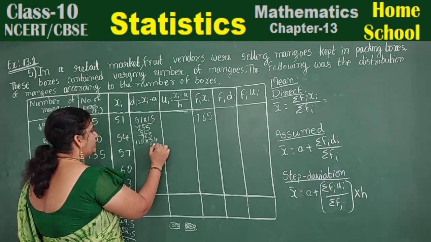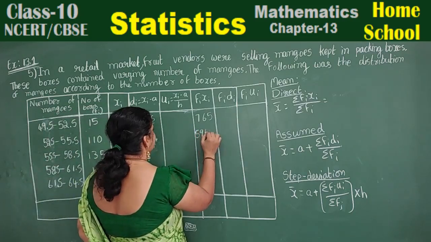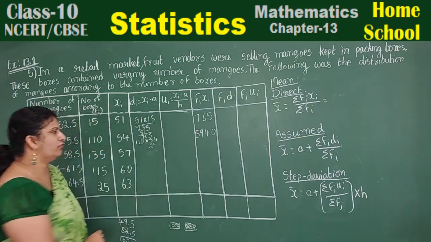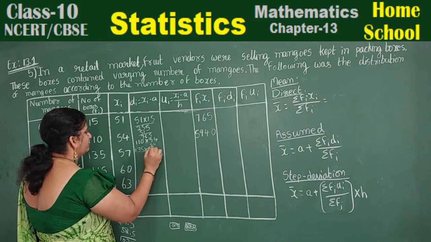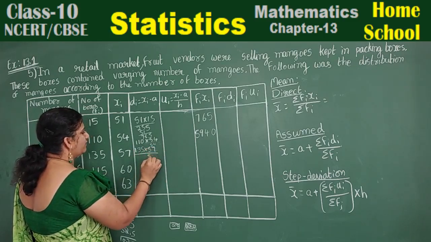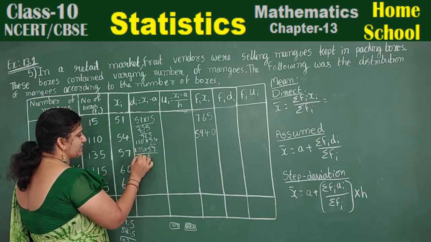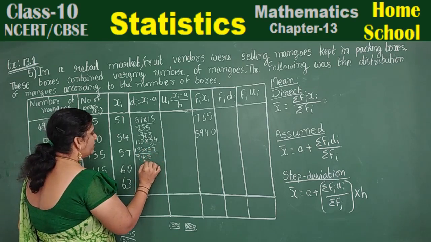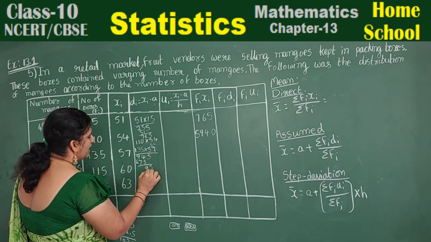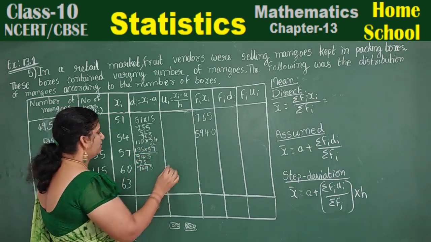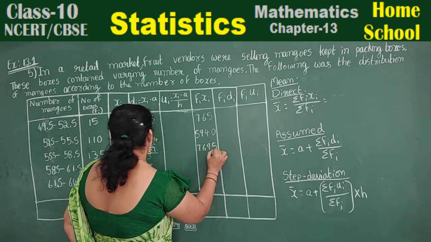Directly I can say 54 times 110 is 5940. Next, 135 into 57. 7 fives are 35, 7 threes are 21, 21 plus 3 is 24, 7 ones are 7. The answer is 7,695.